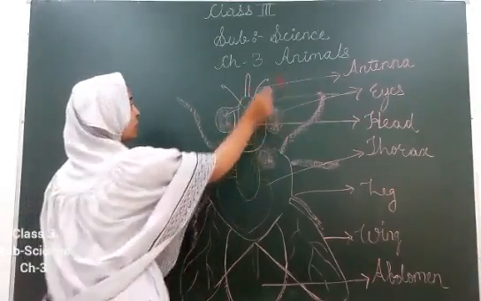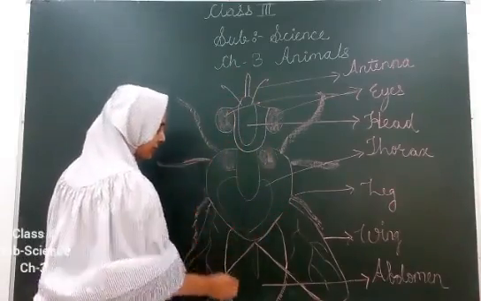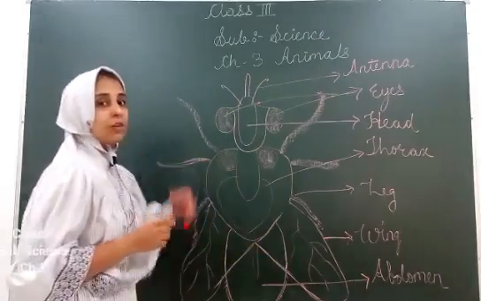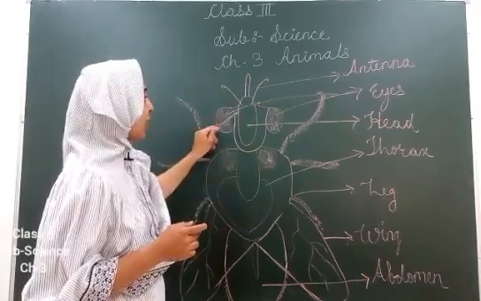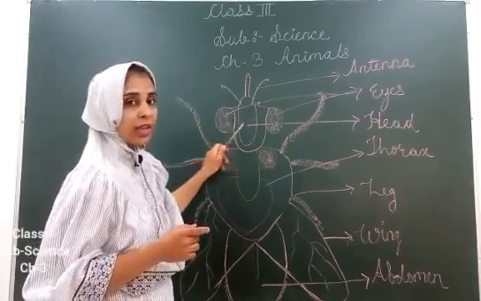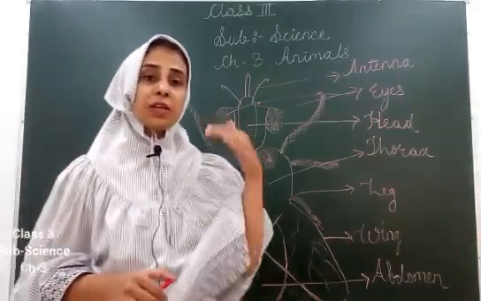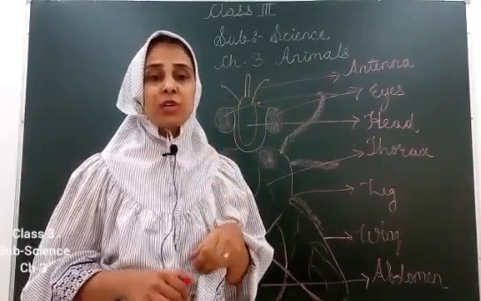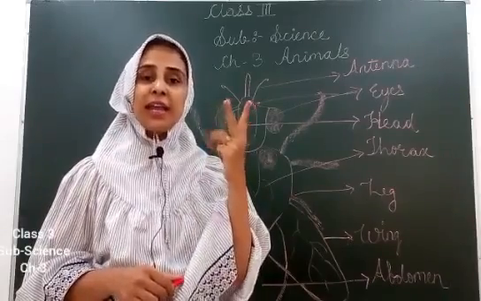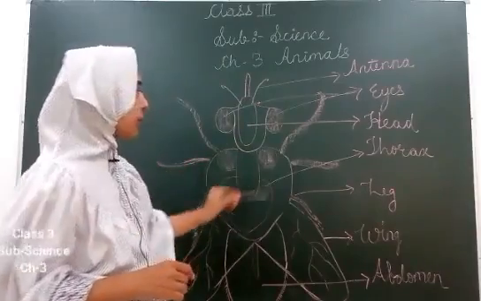This is the second part and this is the third part. The first part has antennas, eyes and head, mouth. Okay? So what does the first part consist of? Eyes, head and antennas. Now the second part, that is the middle part.